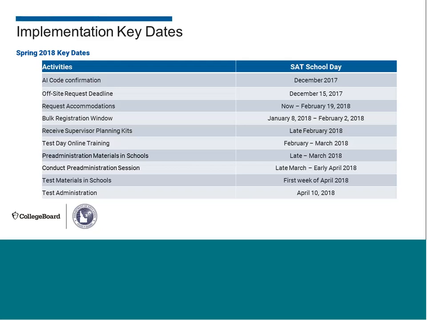This year you're going to get answer sheets as well as labels and student guides earlier than you typically would have last year, so that you can conduct a pre-administration session in late March before testing on April 10th. And then your test materials will arrive the first week of April for the April 10th administration.